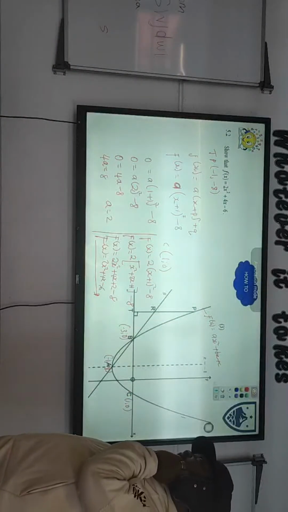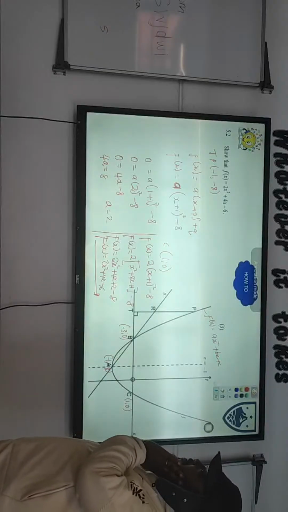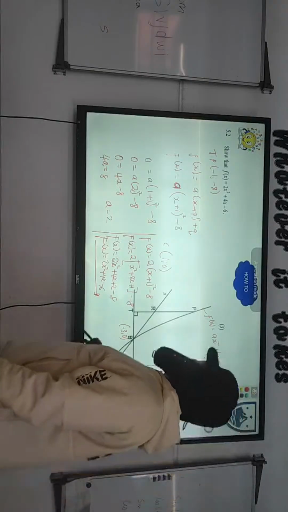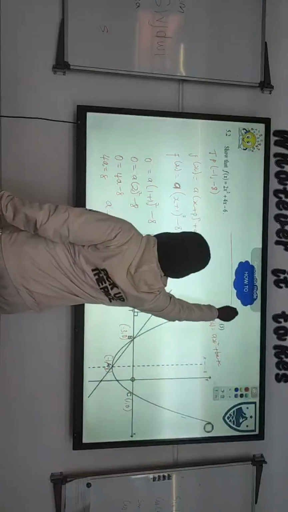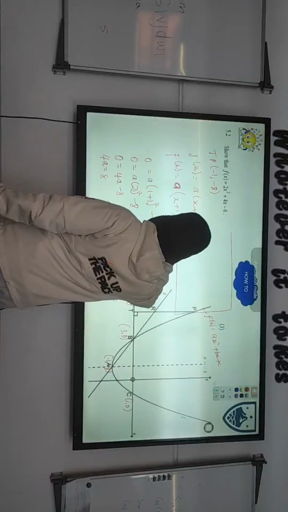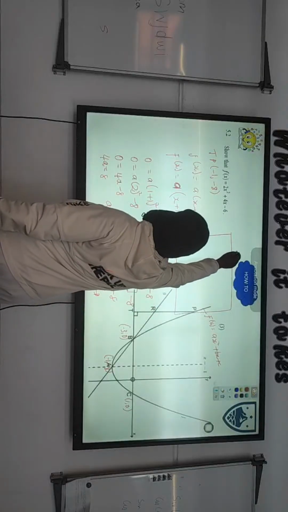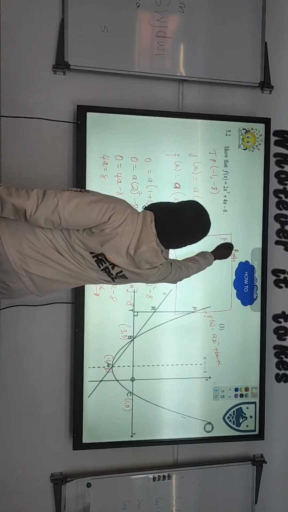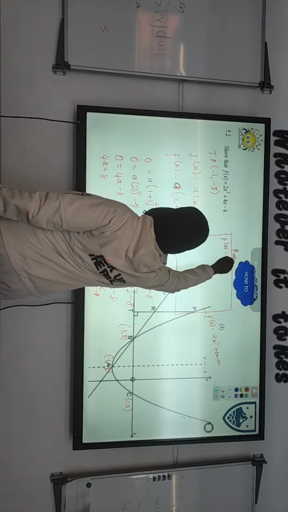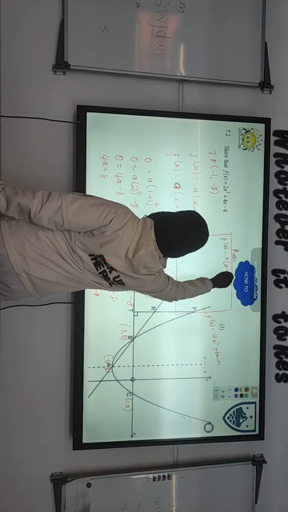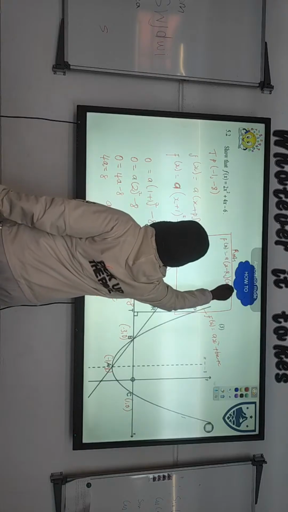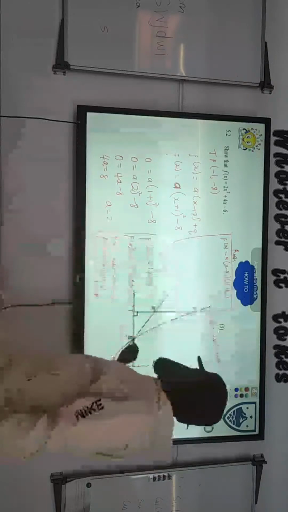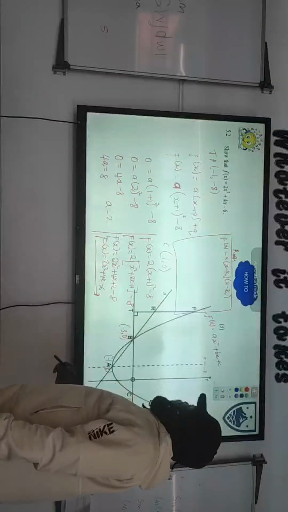We can take a look at that and see if we understand it. Let me see if I can use the space just a bit. If I use the roots format, f at x will simply be a times x minus r1 times x minus r2, where r1 and r2 are your x-intercepts.